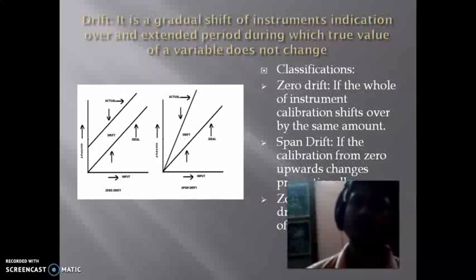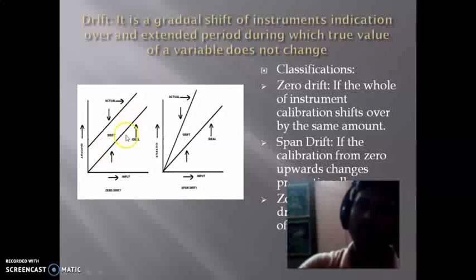Basically, suppose we are measuring a value that we provide as input, and we get this kind of curve. Obviously, this is a linear one, which I already discussed, and there is no error. But due to some error in the instrument, due to some drift, there will be a gradual shift of the instrument's reading.